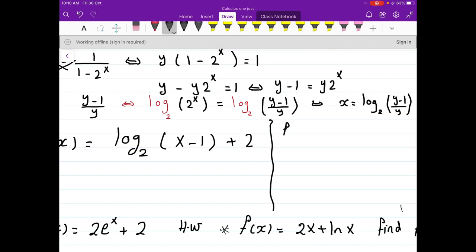So what is f inverse(x)? We get f inverse(x) equal log base 2 of (x minus 1) over x.